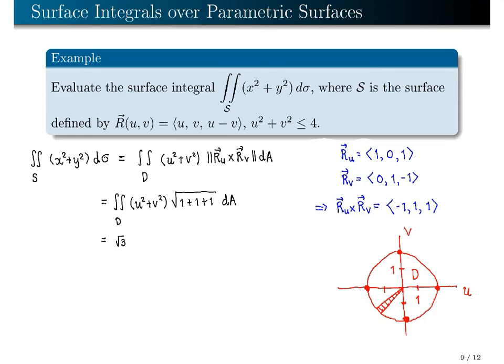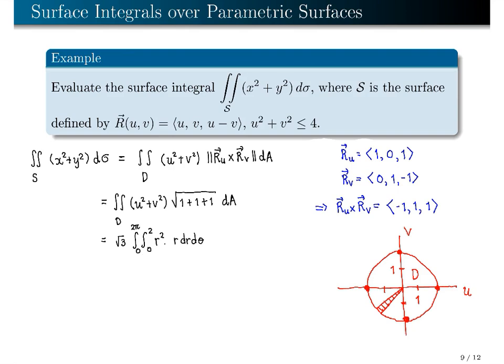Continuing, we obtain the integral of, u squared plus v squared in polar coordinates is r squared. dA in polar coordinates is r dr d theta. Observe that the values of r vary from 0 to 2. Hence, the limits of the inner integral are 0 and 2. Also, the values of theta vary from 0 to 2 pi. Hence, the limits of the outer integral are 0 and 2 pi.